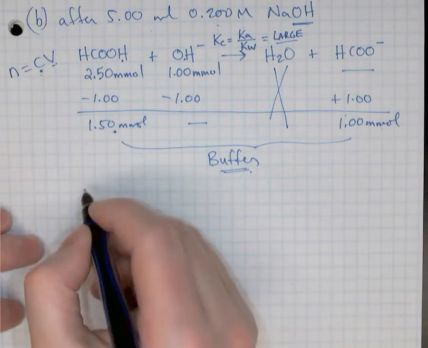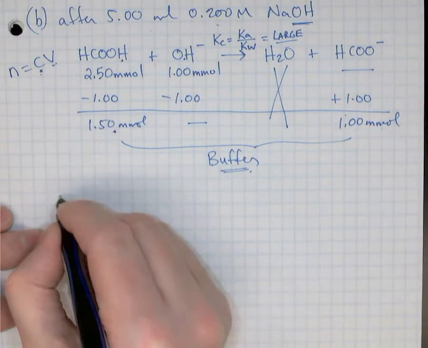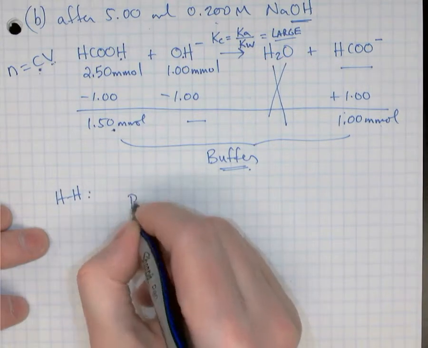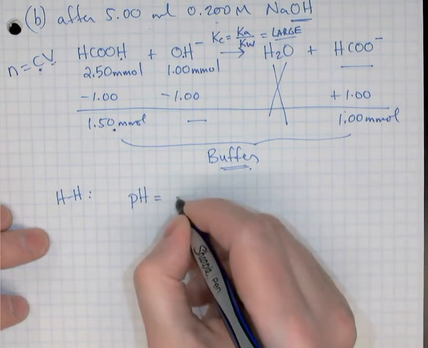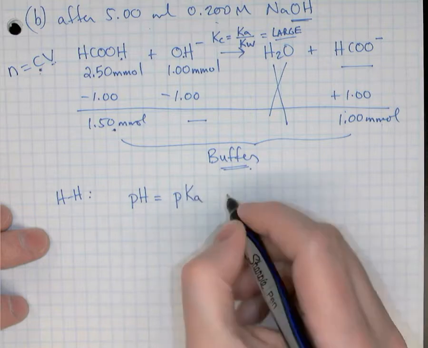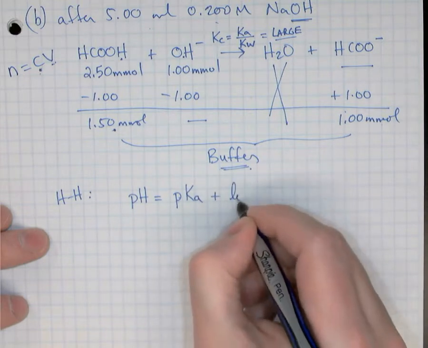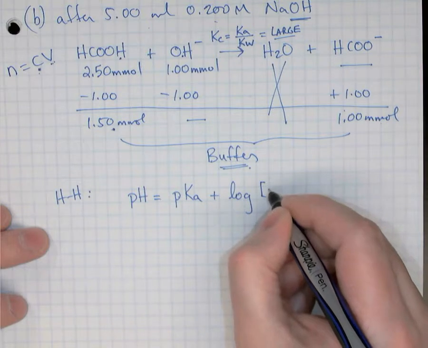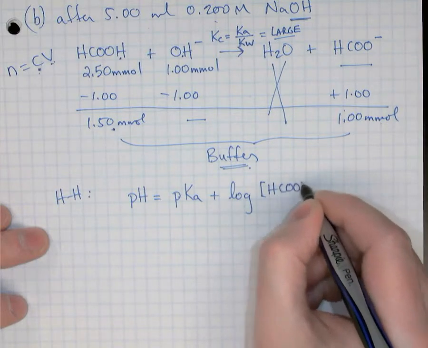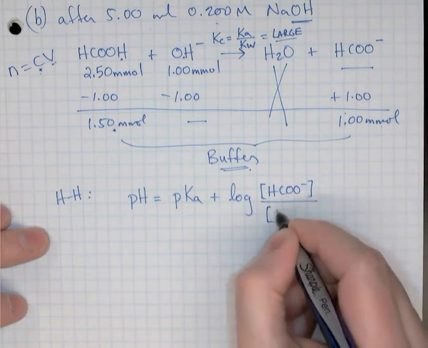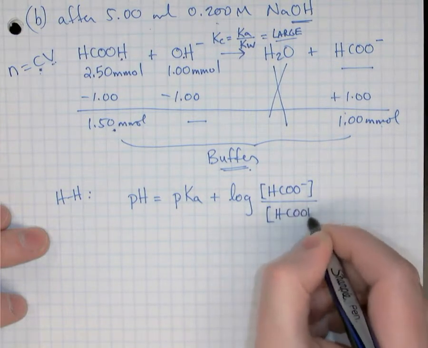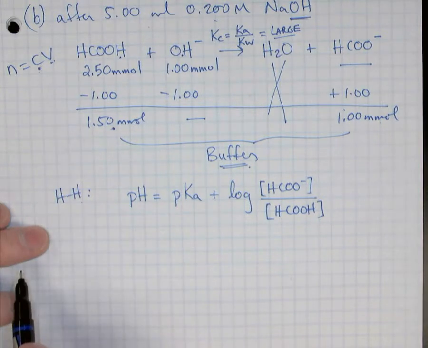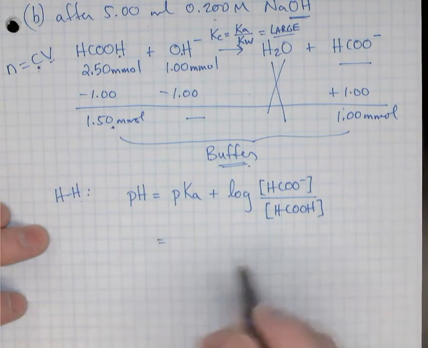We derived in class the Henderson-Hasselbalch equation, the HH equation, which said the pH in a buffer is equal to the pKa value of the weak acid plus the logarithm of the concentration of the conjugate base, in this case formate, over the concentration of the weak acid. That was the Henderson-Hasselbalch equation for buffers.